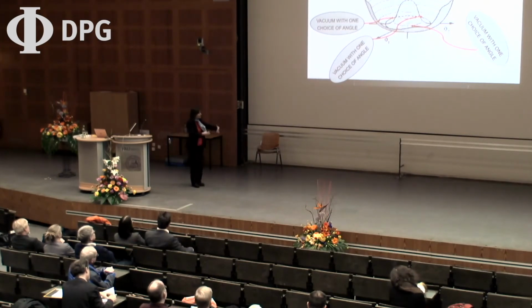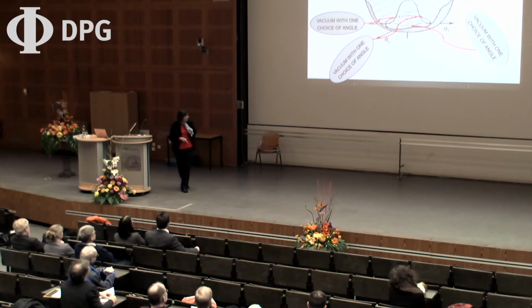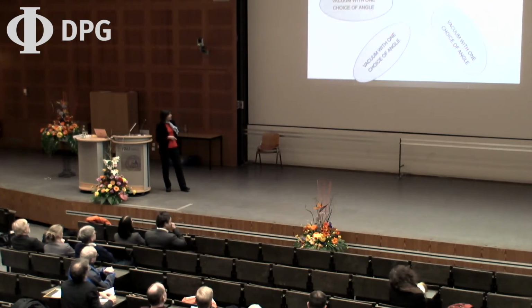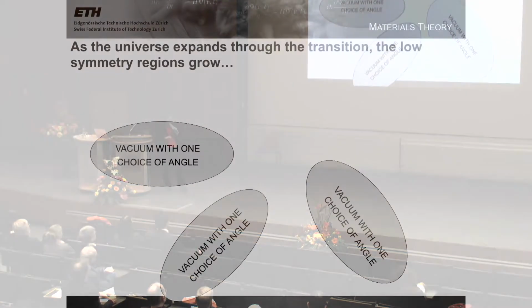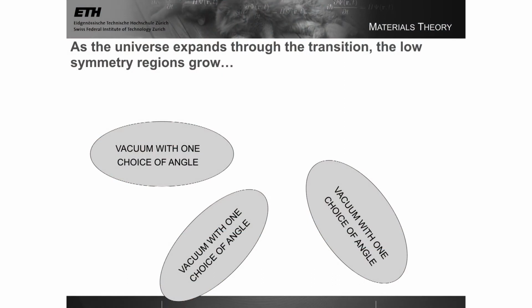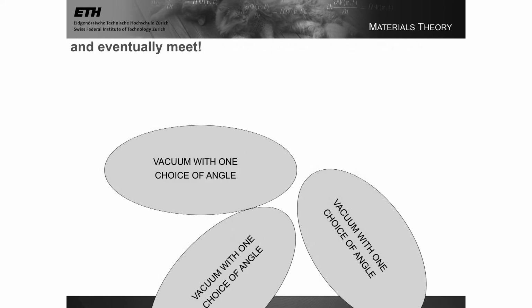In another, it would adopt another choice of angle randomly, and in another, it would adopt another choice of angle. So as the universe starts approaching the phase transition, these low symmetry regions start to fluctuate out of the high symmetry vacuum, and as the system crosses the phase transition, these regions grow and they grow, and eventually they meet, and the entire system is in the low symmetry state, but with different choices of angle.